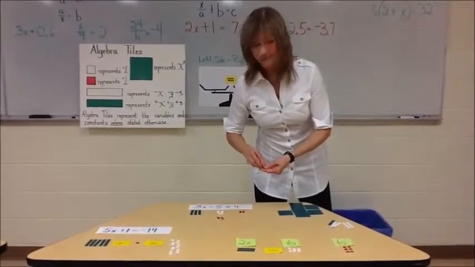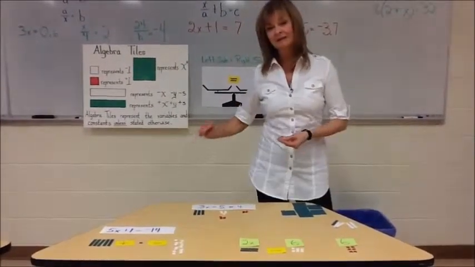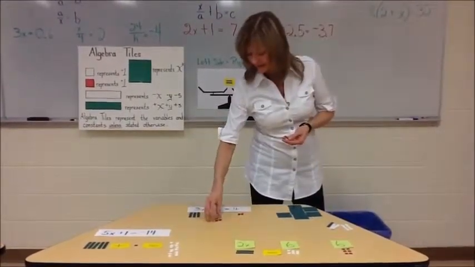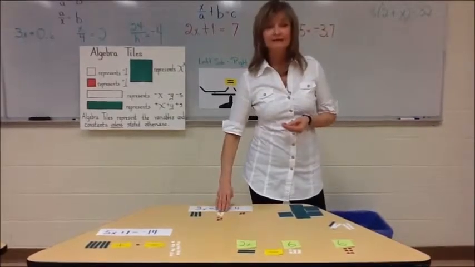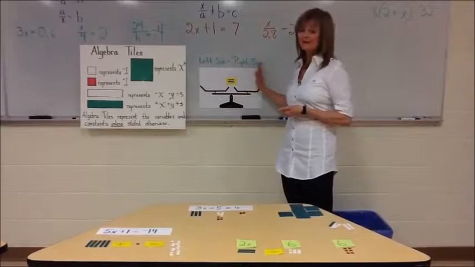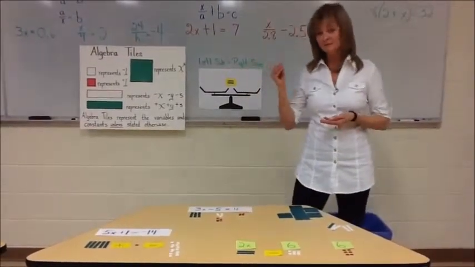And I call this zeroing out. You want to zero out so that you have x alone on one side of that balance scale. So these 5 positives are going to cancel out these 5 negatives. But again, what you do to one side, you have to do to the other side. And our equal sign is always your center fulcrum.